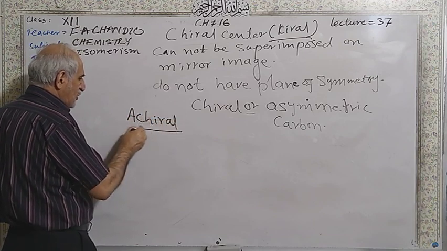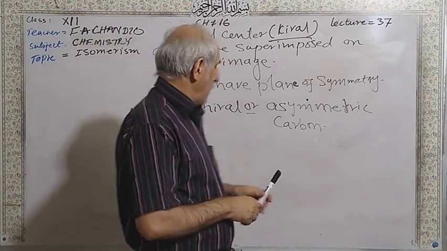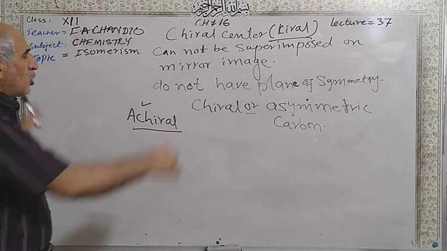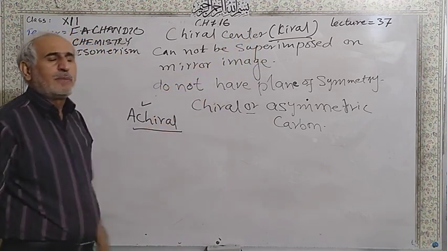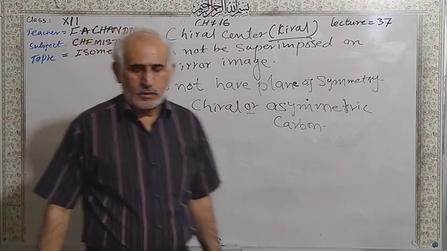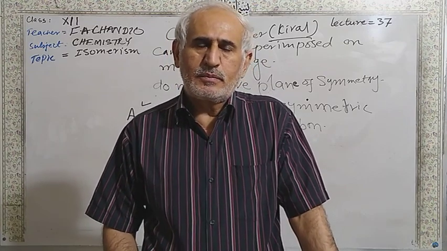Which has a symmetry. Suppose this is a board and I am going to cut this, you will see the same halves. So these are called achiral.